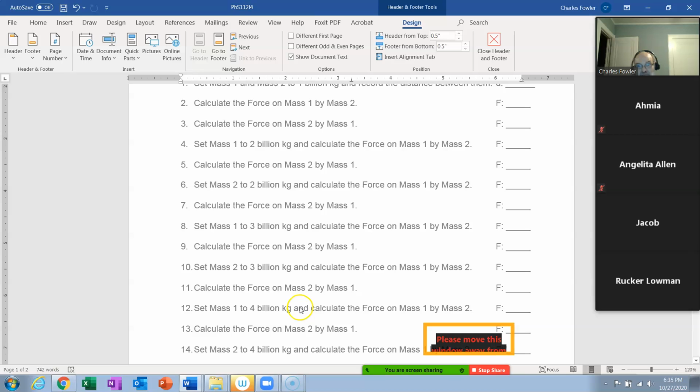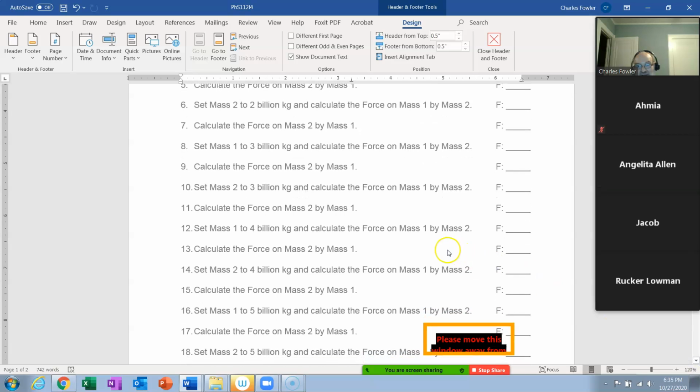That was number 12. Guess what 13 is? Let's calculate the force on mass 2 by mass 1. It doesn't matter. The forces are equal and opposite. So that's also your 50, right? Newton's third law.